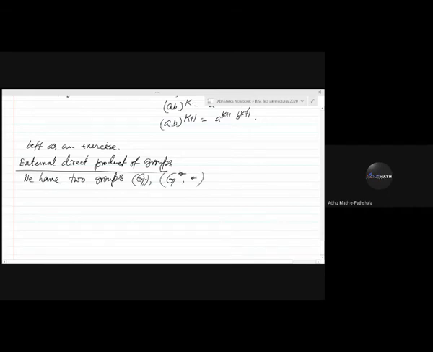Okay, so you have two groups, G dot and G star star. Then out of these two groups we can construct the Cartesian product.